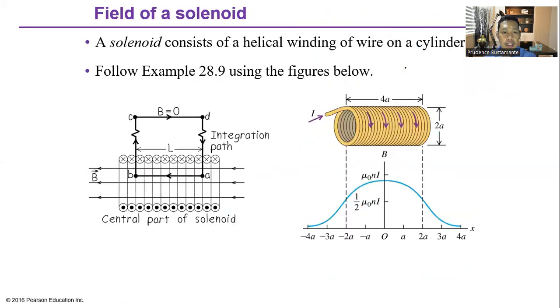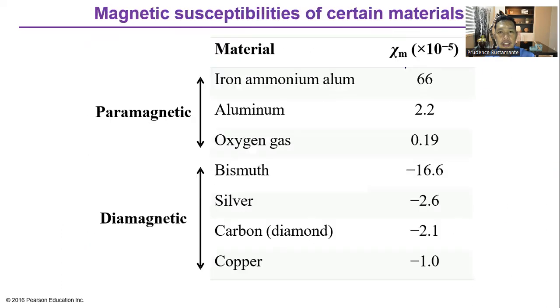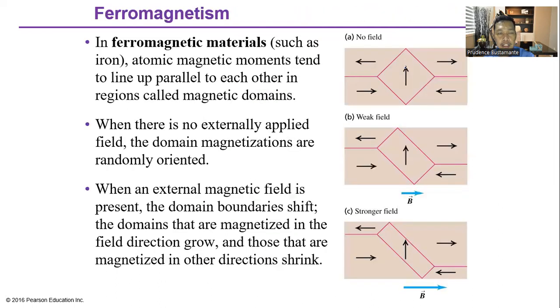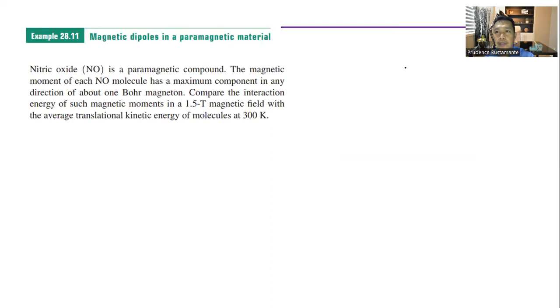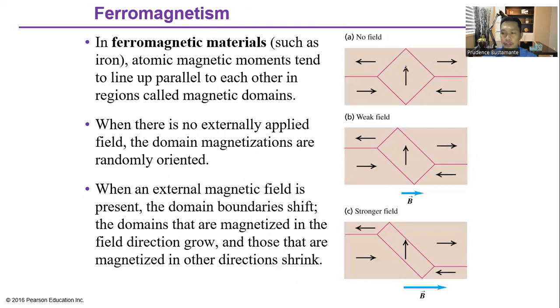Then I will assign you a reading assignment about this chapter, chapter 28.8 section, magnetic materials. So about the paramagnetic, diamagnetic, and ferromagnetic materials. So probably you will have an essay for that in your exam. So that's the end of chapter 28.